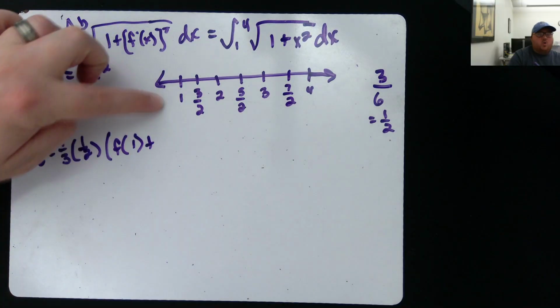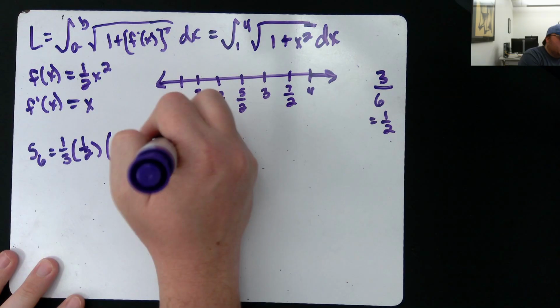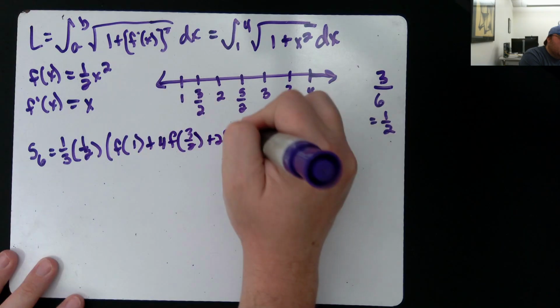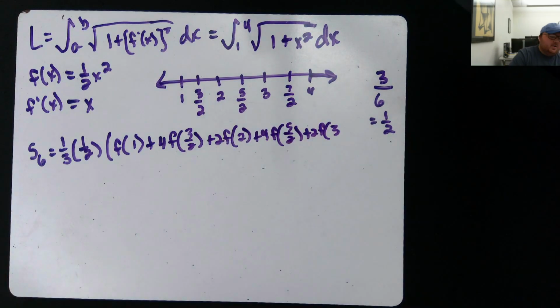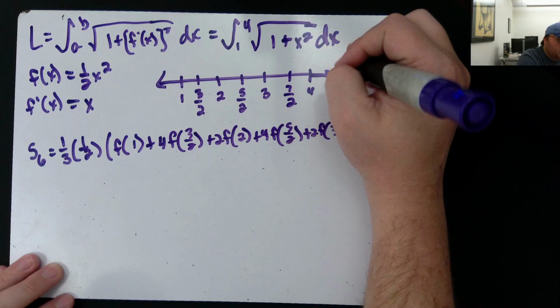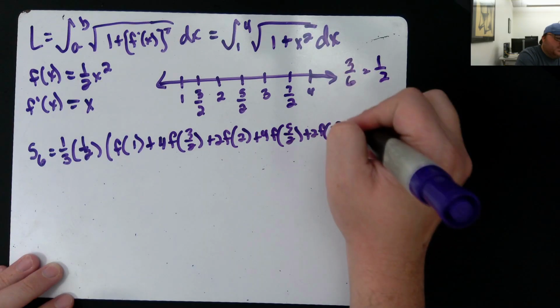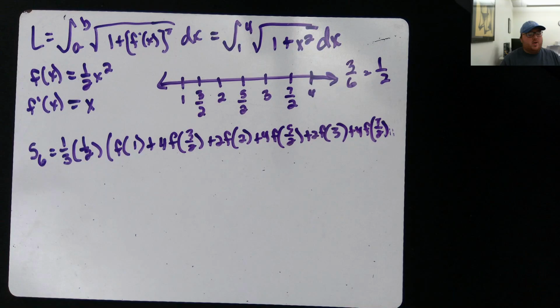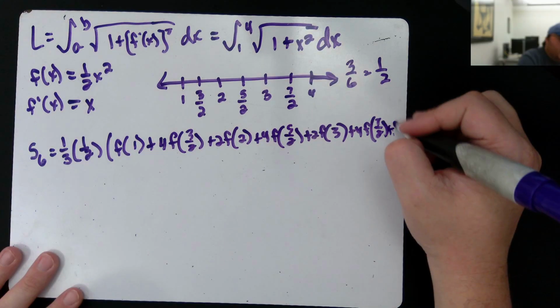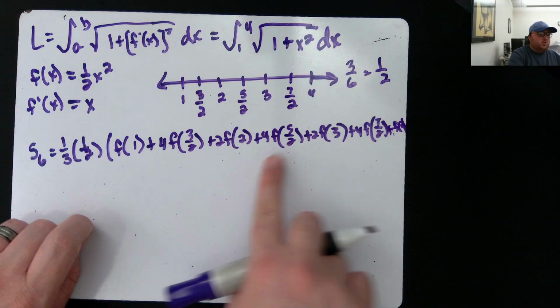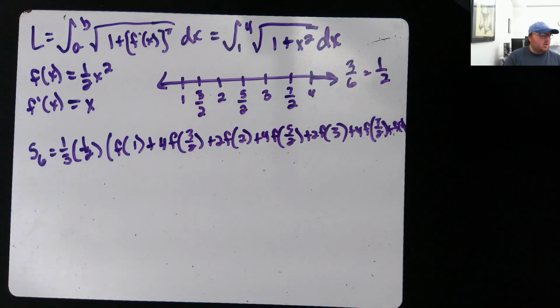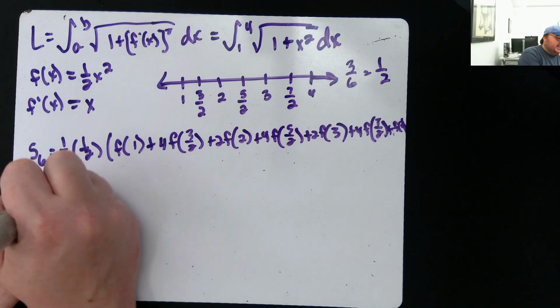Remember, I always start at 1 and then go 4, 2, 4, 2, 4, 2. 4 f of 3 over 2 plus 2 f of 2 plus 4 f of 5/2 plus 2 f of 3, plus 4 f of 7/2, and then my next point is my last point, so just 1 f of 4. Again, it just goes 4, 2, 4, 2, 4, 2, until my last point. 1/3 times 1/2 is 1/6.